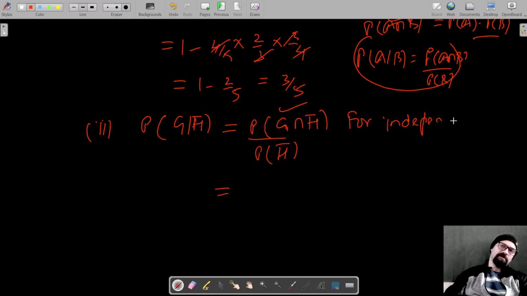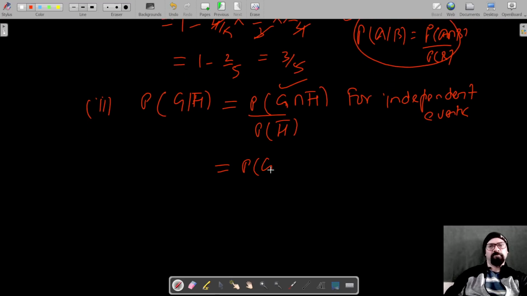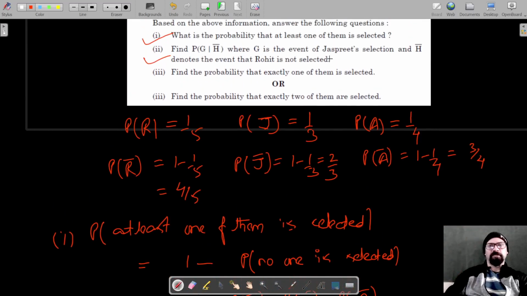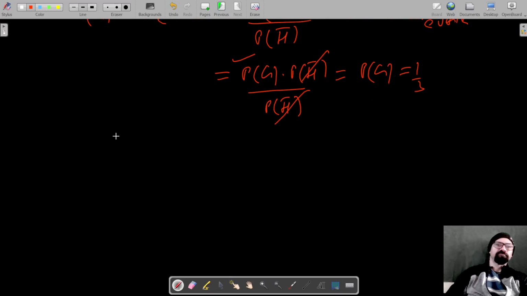So this becomes probability of J into probability of H naught divided by probability of H naught, which gets cancelled. Now the probability of J is the only thing that remains, and J is the event of Jaspreet's selection, which is equal to 1 by 3.